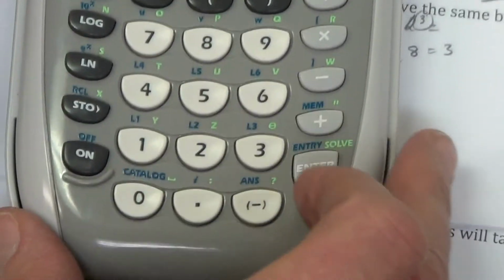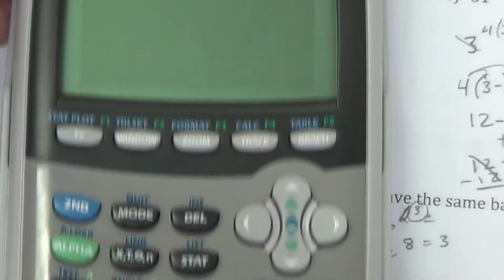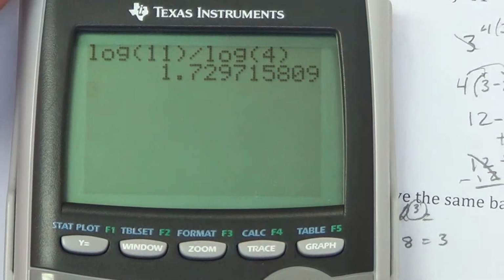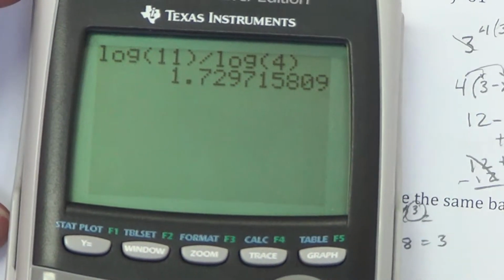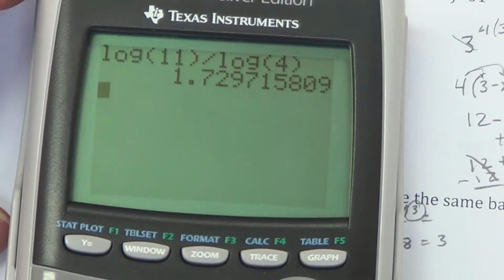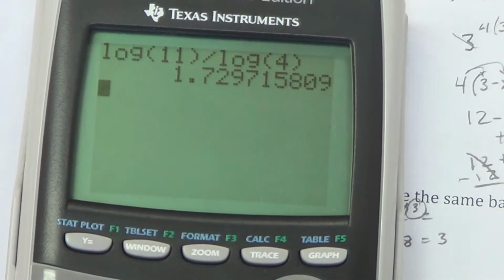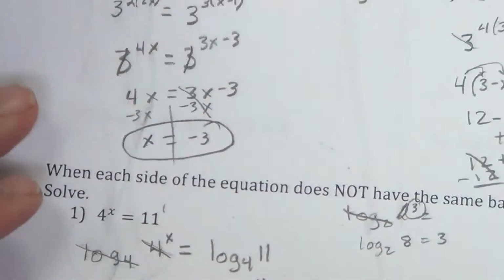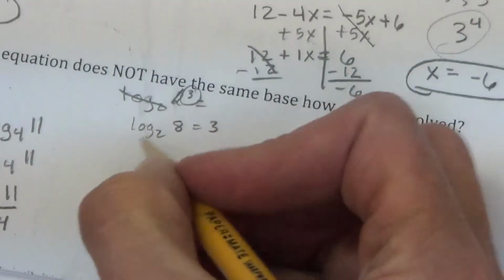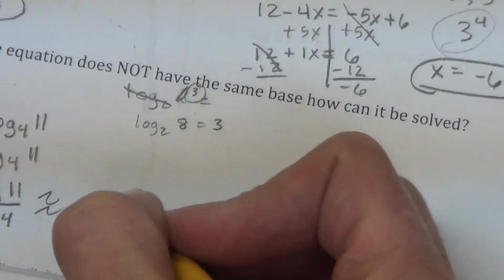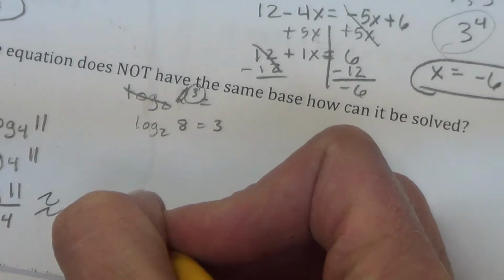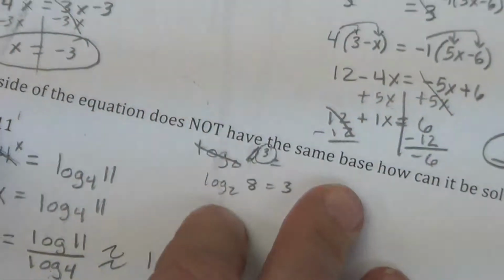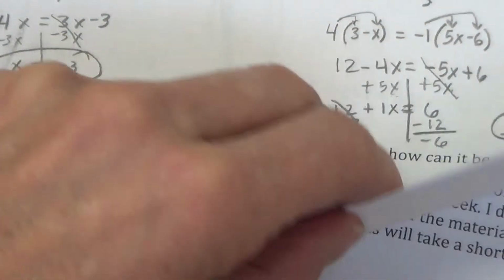And when we hit enter, it will give us an answer. Now, just round that off, probably to the second digit, probably to the hundredths place. So 1.73 would be close enough. So x is equal to 1.73 approximately. Okay?